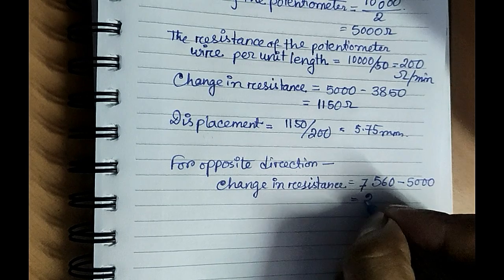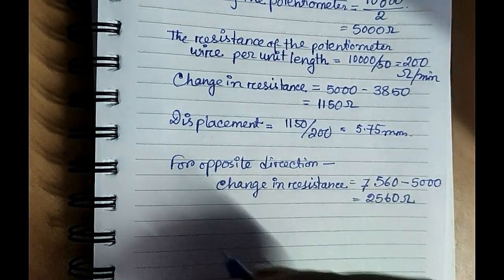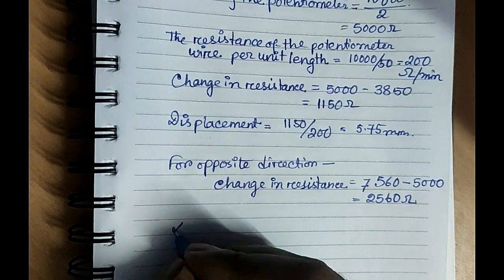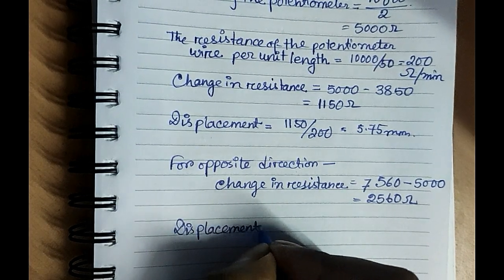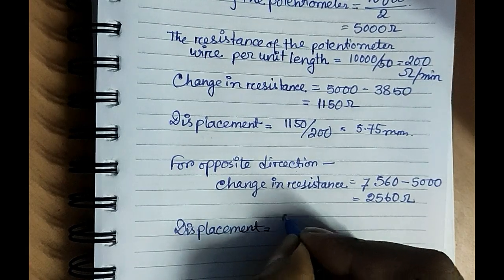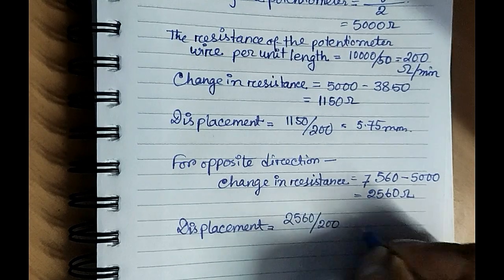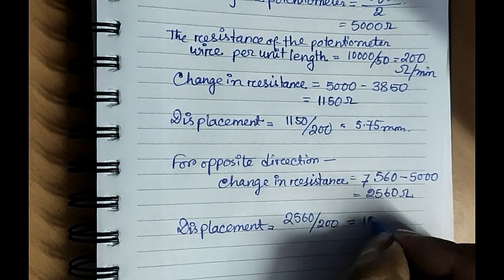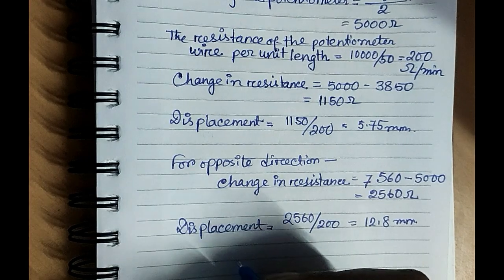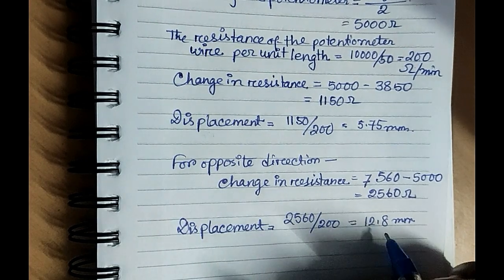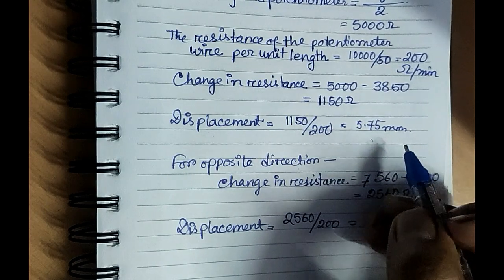So the answer will be 2560 ohm. Then the displacement will be 2560 by 200, that is 12.8 mm. So this is one displacement in one direction and another displacement in the opposite direction.